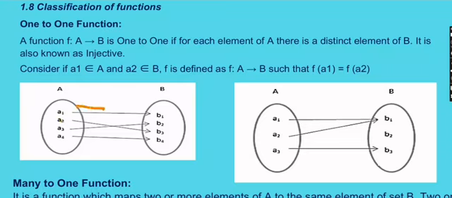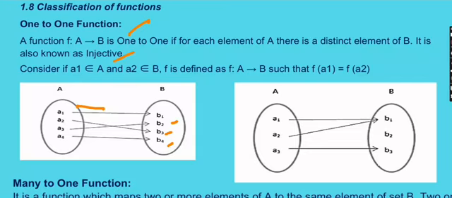A2 is going to produce output for B3. And A3, see the direction of the arrow? A3 is going to produce output B2. And A4 is going to produce output B4. So each and every input is giving a unique output, not a repeated one. This type of representation or function is called your one-to-one function. Another name for a one-to-one function is injective.